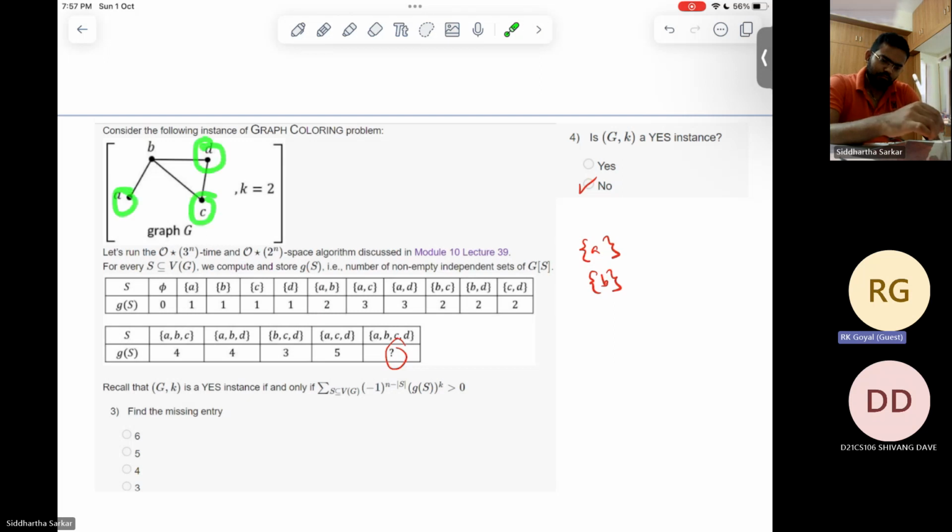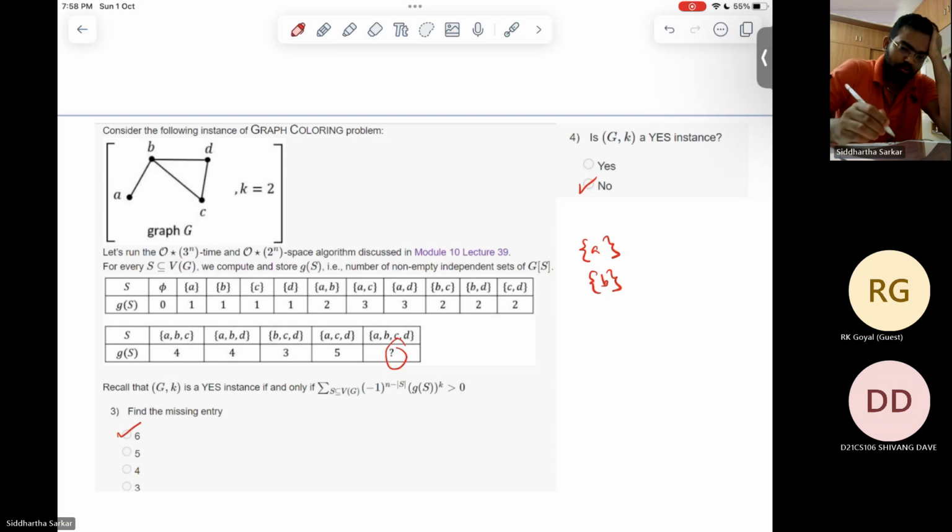And then the other subset could be with AB. AB as 2 has already been taken. So this will definitely be greater than 5, and therefore I'll mark this entry as 6.